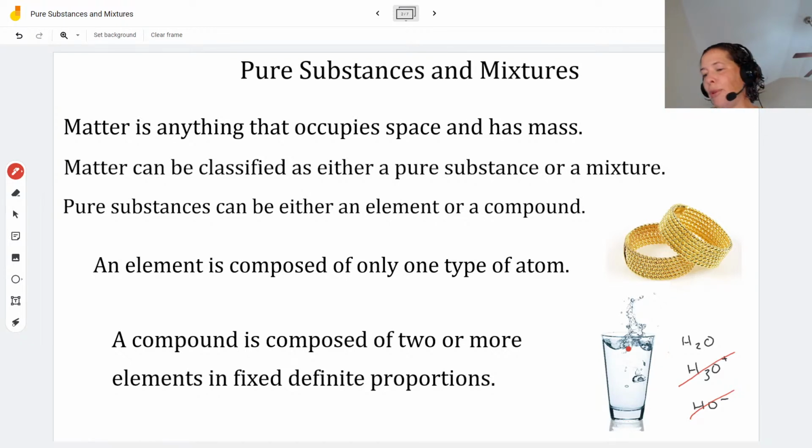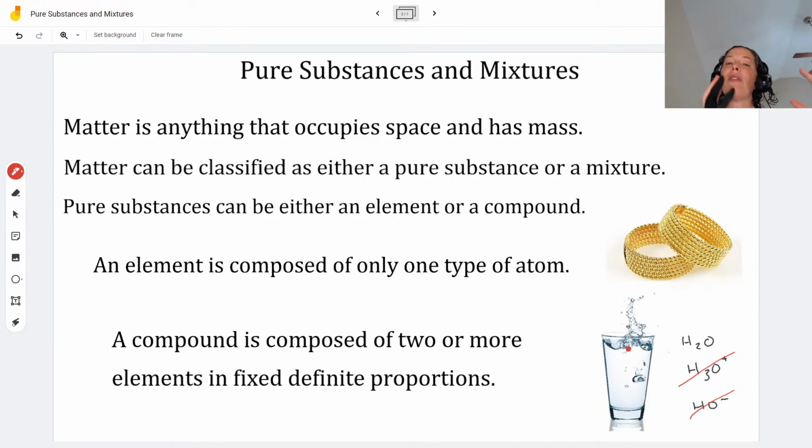So for example, I've got a little plastic kitty cat here, and this is pure plastic. So it is a pure substance, but of course it is one or more elements bound together, in a fixed proportion.